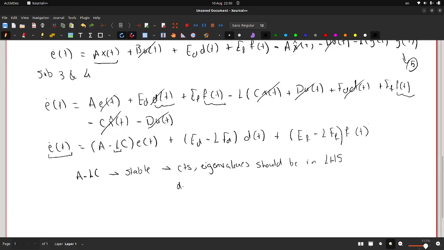If it's in discrete time, then the eigenvalues should be inside the unit circle. Okay.